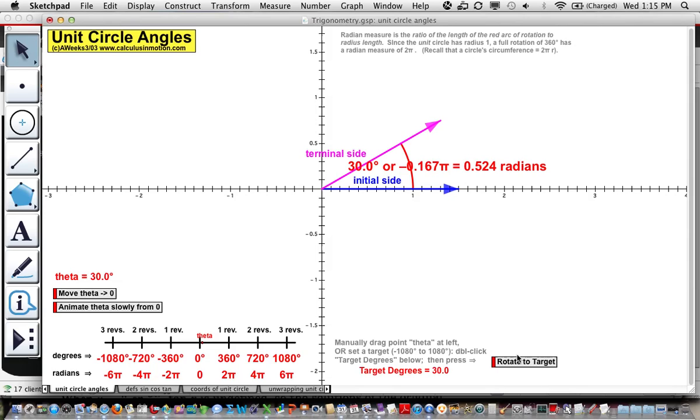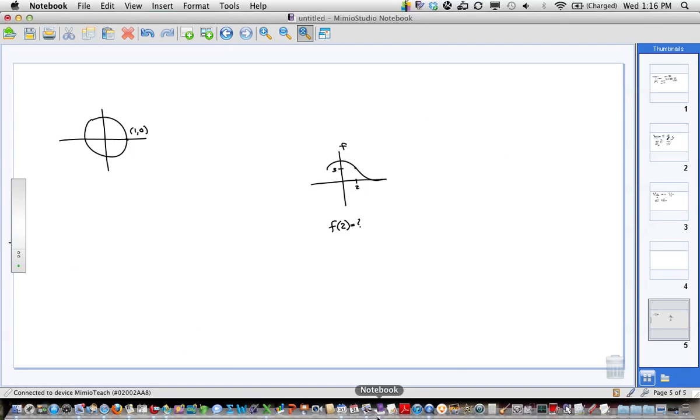The unit circle means we have a radius of 1.